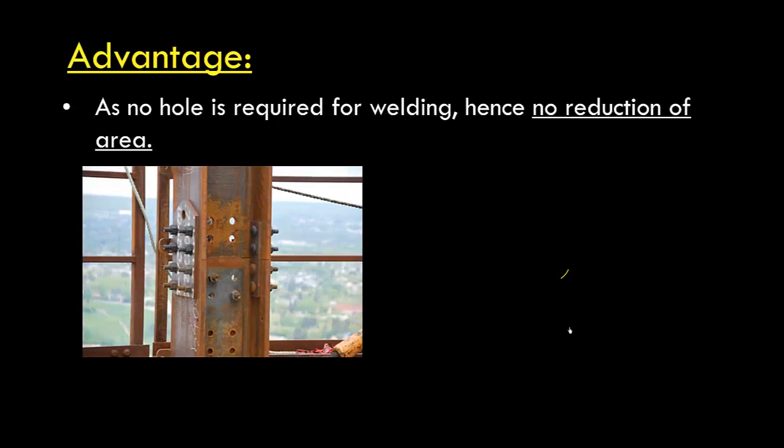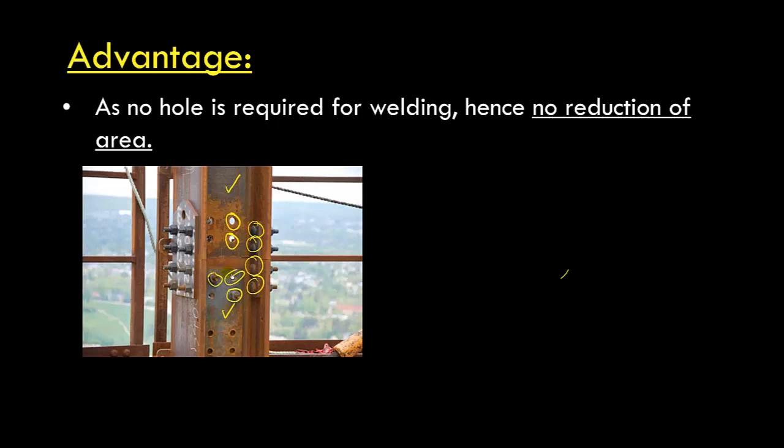So let's illustrate this. In this case I have one column and another column, and these two columns are connected using a bolting arrangement. Let's say for that purpose we have to make holes. So there is one hole here and another hole here. Similarly, we have more holes in the web portion and also in the flange portion, and then we can connect these two members. So in case of bolting, we are making holes, that is reducing the effective area.